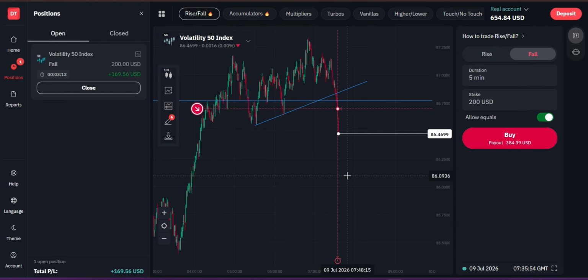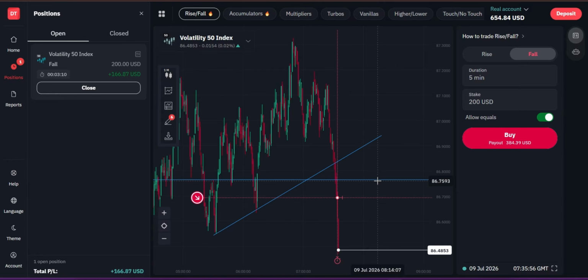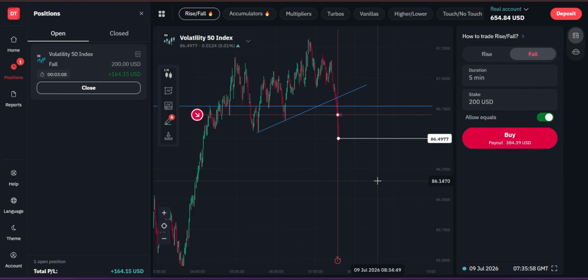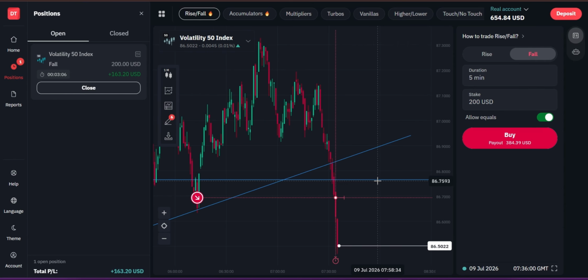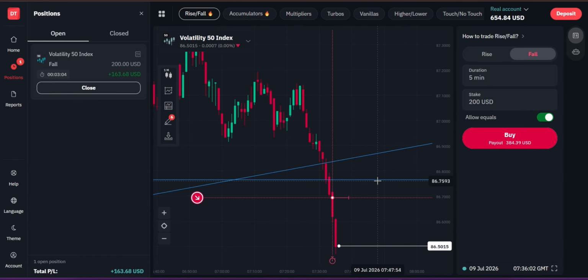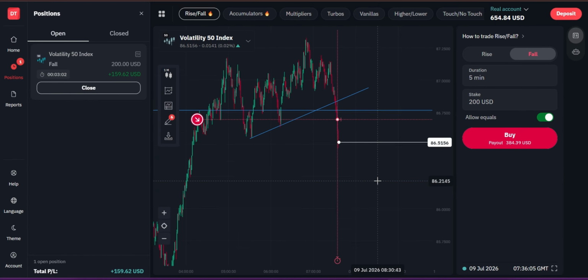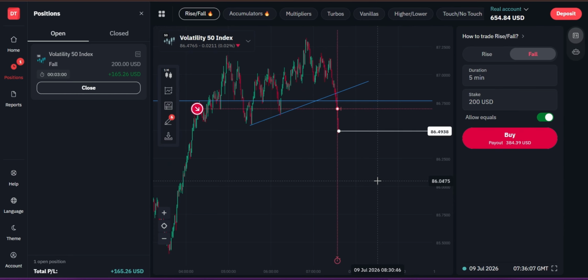So see, a strong momentum has started, you can see, and market is trying to just push down, heavy downside, right? So there is $176 profit, I think, with $200 trades, or maybe 190, I think. Yeah, because we are getting almost 90% or 92% profit, I think.